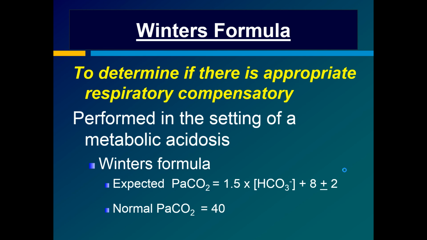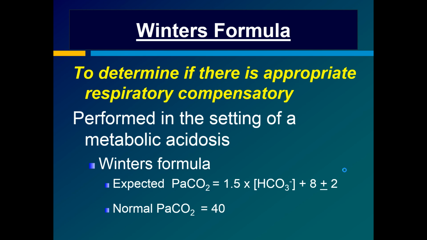But let's take a look at DKA or lactic acidosis when you're going to have a low serum bicarbonate. When you check a blood gas, what you're doing for those cases many times is looking at the extent of the acidemia to try to determine what the pH is, but you're also trying to determine if there's proper or appropriate respiratory compensation.